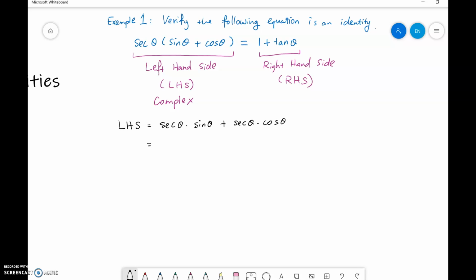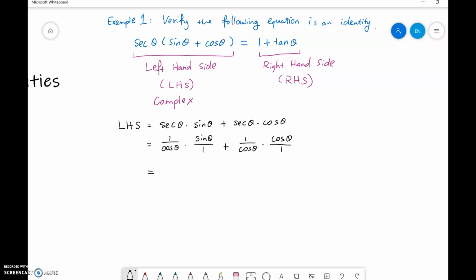I see secant theta times sine theta, so I'm going to rewrite secant in terms of 1 over cosine. Also write sine theta as sine theta over 1, because next we're doing fraction multiplication.